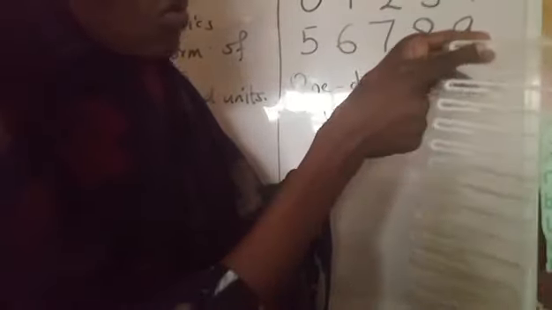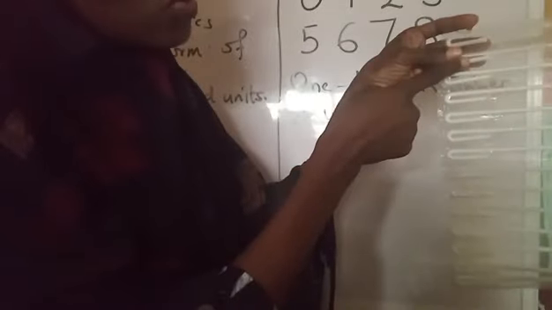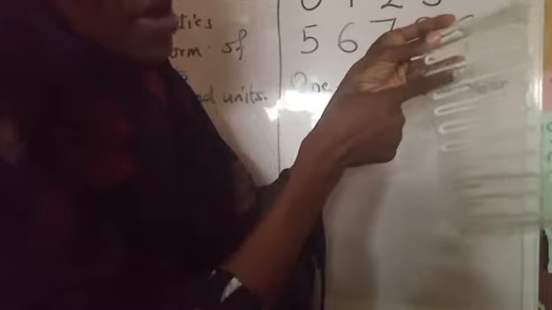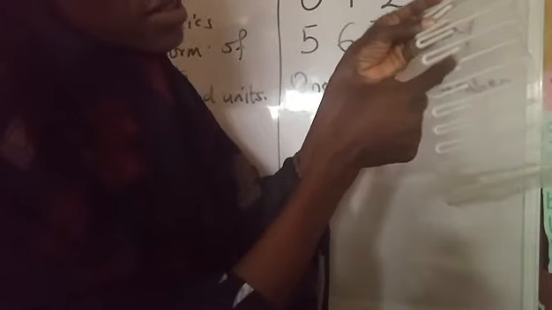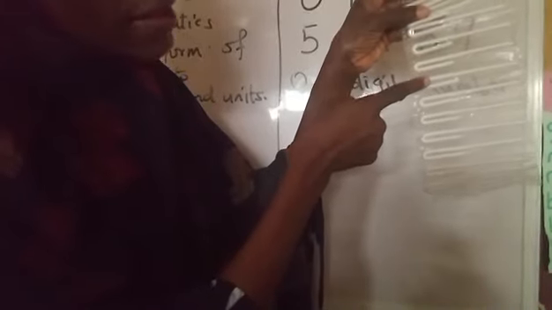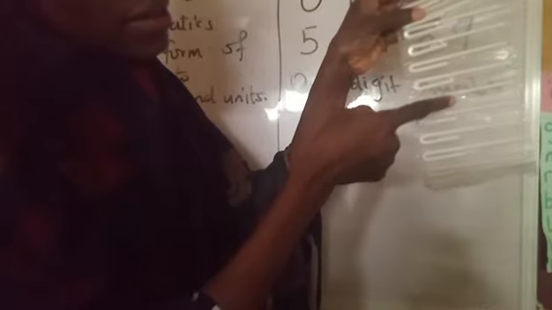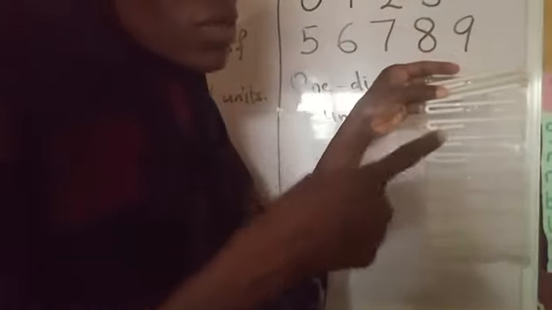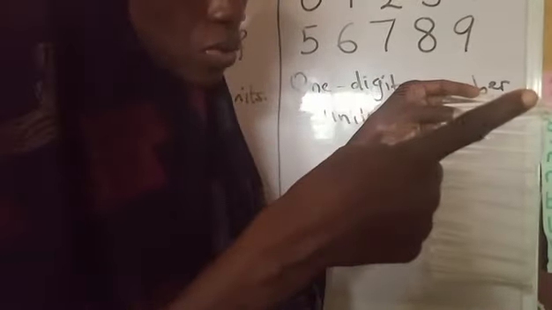I'm taking it one by one while I count. 1, 2, 3, 4, 5, 6, 7, 8, 9, 10, 11, 12, and on, taking one step at a go.